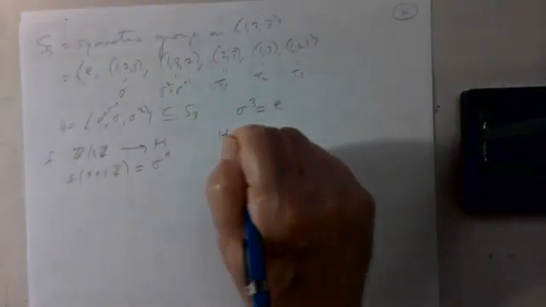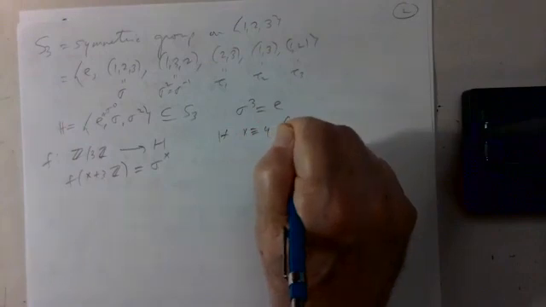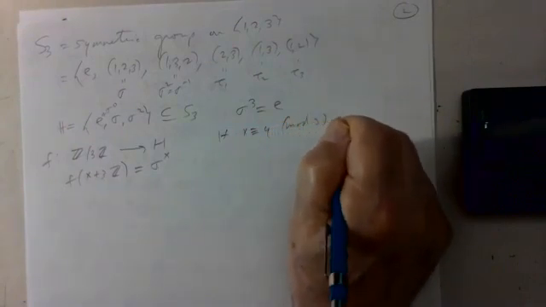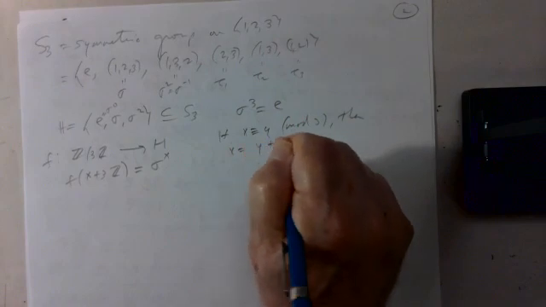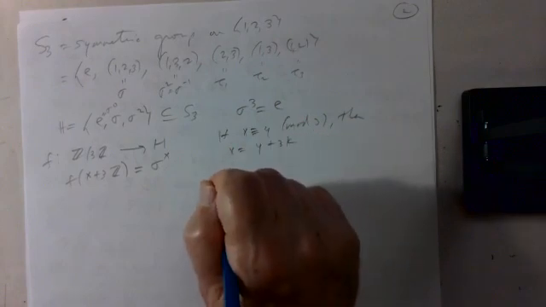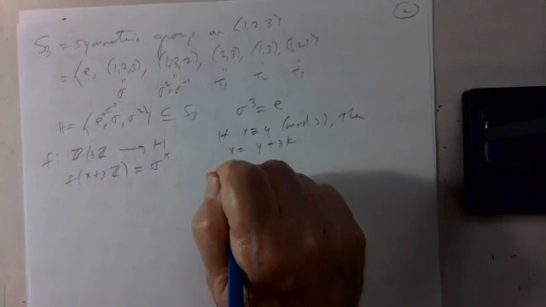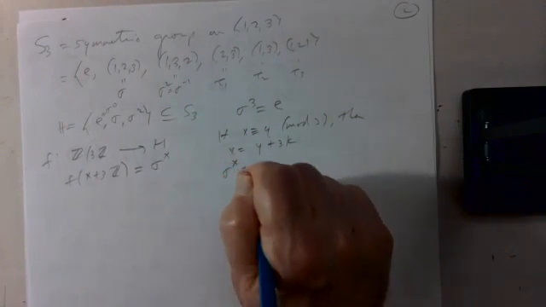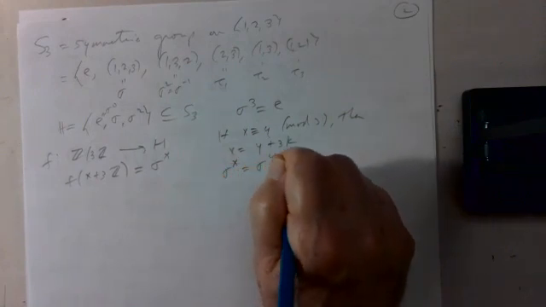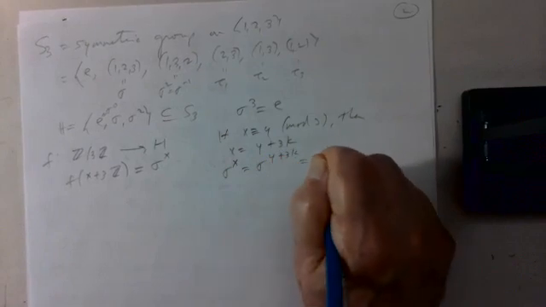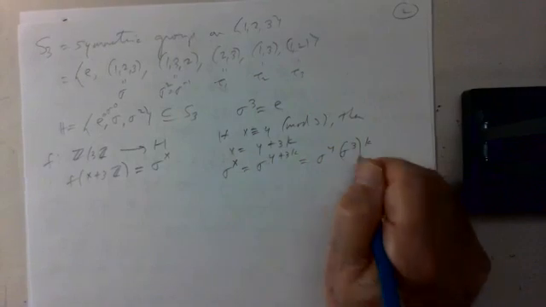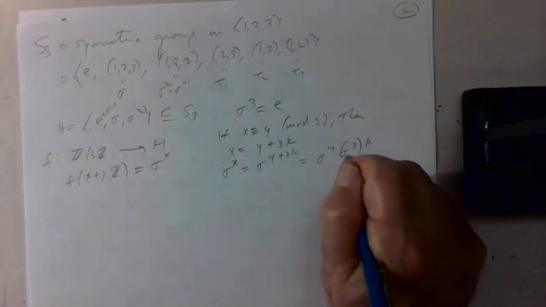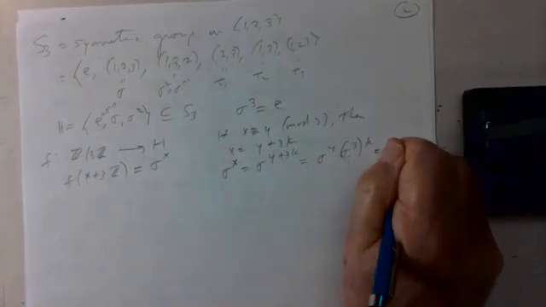So if x is congruent to y mod 3, what does that mean? Then x is y plus some multiple of 3. So sigma to the x is sigma to the y plus 3k. This is sigma to the y times sigma to the 3k, which is sigma cubed to the k. This is the identity, so this is sigma to the y.